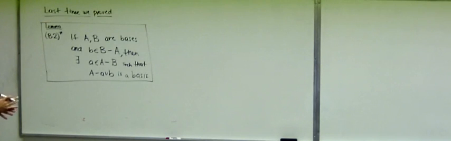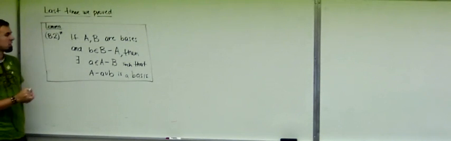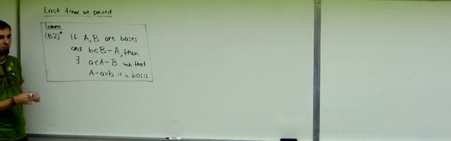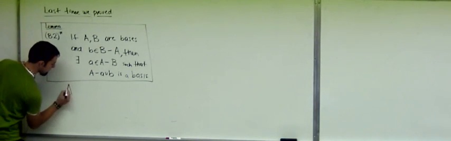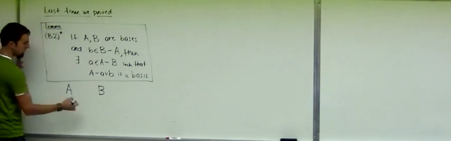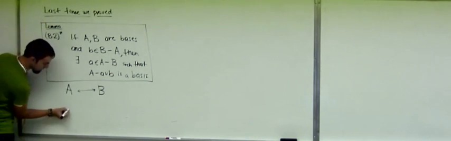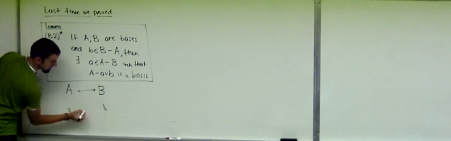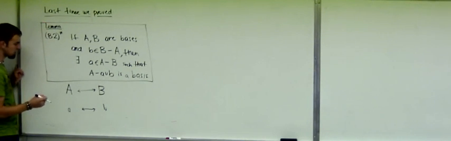So we proved this last time, and we said that this was similar to, but different from, the normal basis exchange axiom. In the normal basis exchange axiom, we wanted to perform an exchange between A and B, and we said if you start with a little a that you want to get rid of in big A, you can replace it with a little b in big B. That was the original exchange axiom.